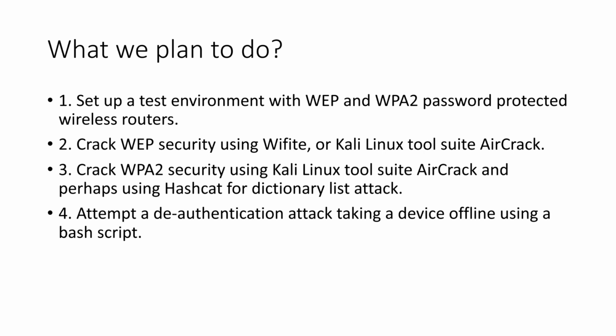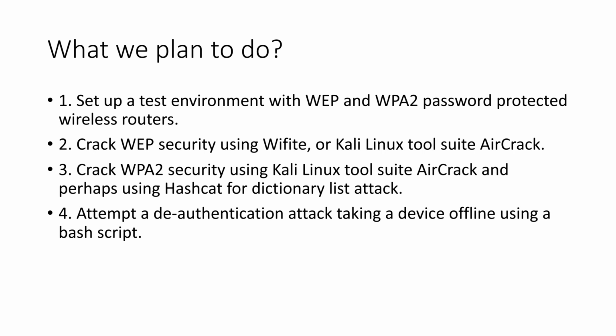So we're going to use the Aircrack suite of tools, including Airmon, to monitor, find networks, possibly cause a deauthentication to force a handshake. We're going to capture that handshake, the 4-way handshake that WPA2 utilizes.